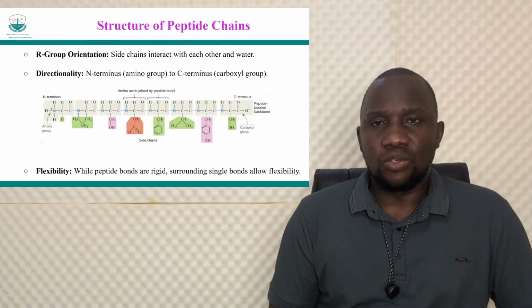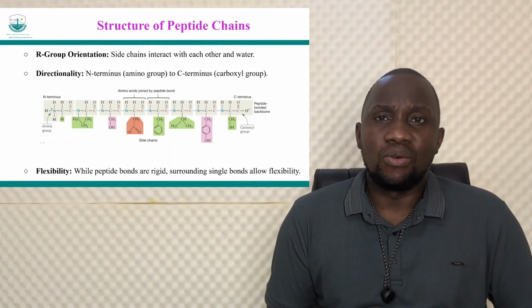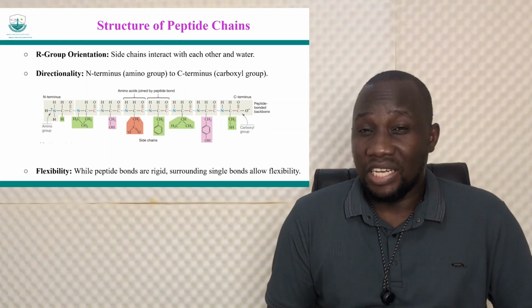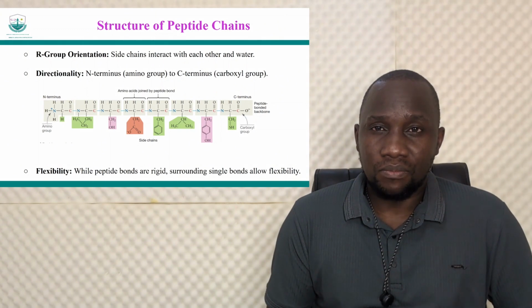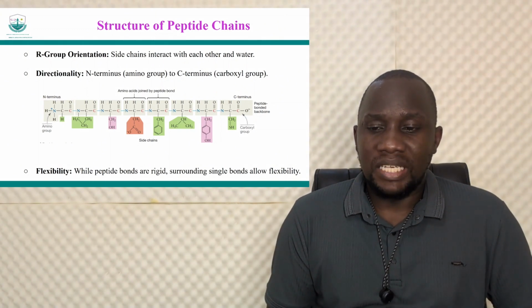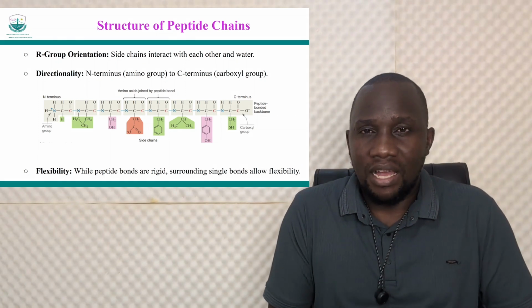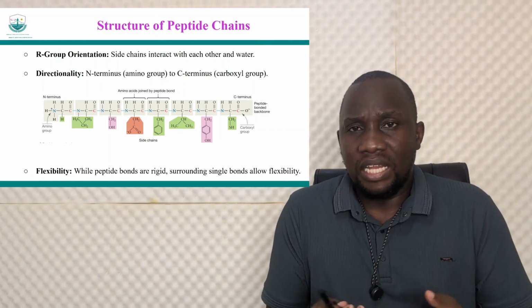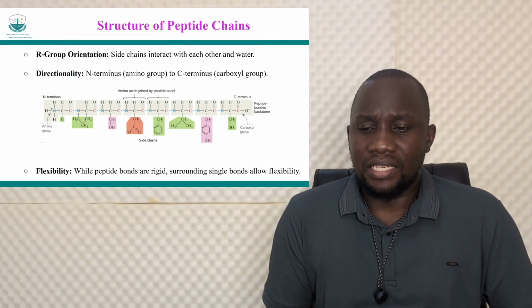So these amino acids combine through peptide bonds, and usually the R group can influence the extent of folding and the nature of interaction with water. What we are saying is that the side chain can interact through either hydrophobic interactions or through electrostatic attraction, ionic bonds and things like that.